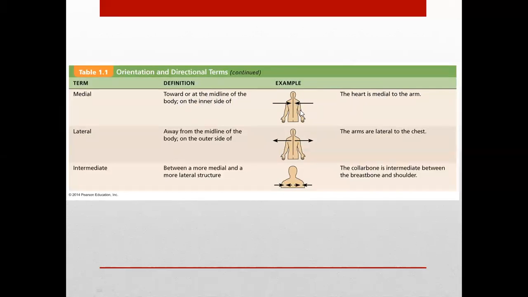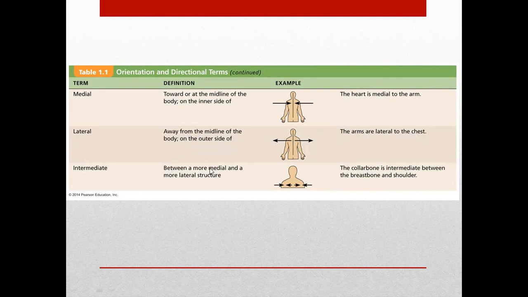This is your arm, this is the midline. So the heart is medial to the arm, not here. Lateral, away from the midline of the body or the outer side. Away means away from this midline. The arms are lateral to the chest.